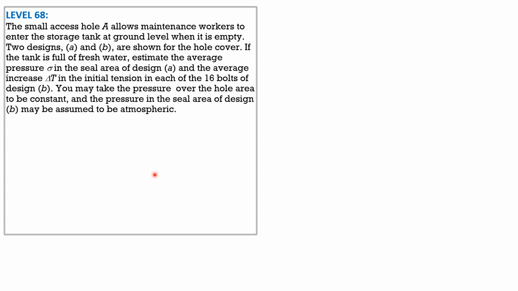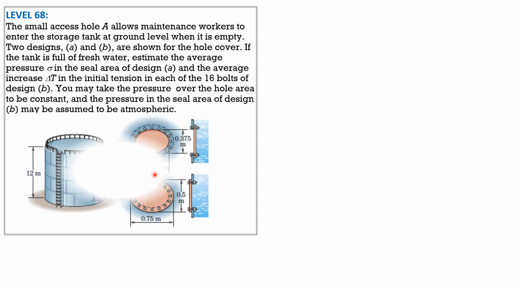Because the pressure in the seal area of design B is assumed to be atmospheric, the atmospheric pressure has nothing to do with the end result. It will just cancel inside and outside.